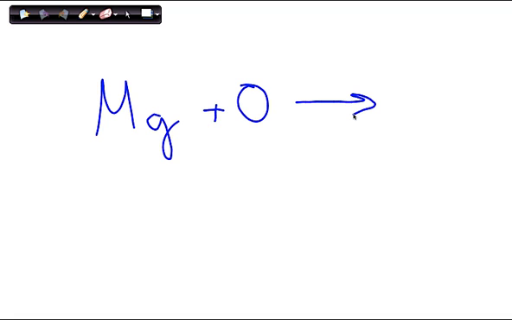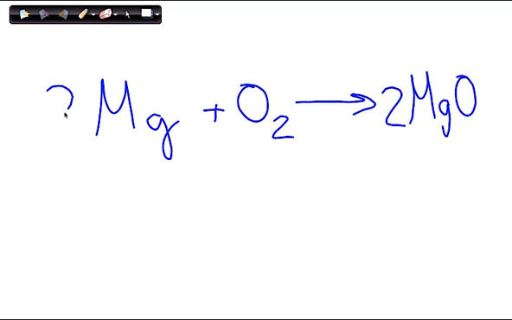We said magnesium is +2 and oxygen is -2, so our product is MgO. But then we said, don't forget, oxygen bonds to itself, so this is O2. Because there are 2 oxygens there, there's got to be 2 there, but we get 2 there by doing this, which gives us 2 magnesiums, which means we've got to do this, and then we move forward.